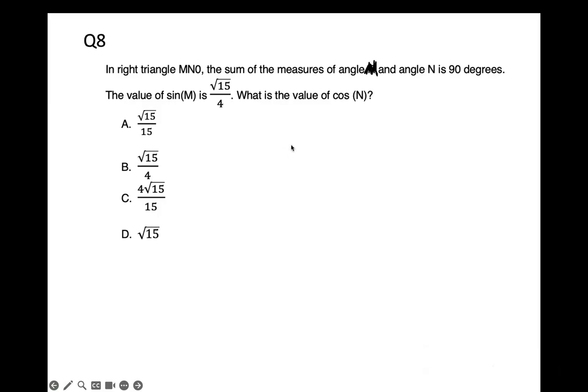Whatever the triangle is, I know sine of a certain number plus cos of the other number, 90 minus that number, is going to give me what? 1. Right?